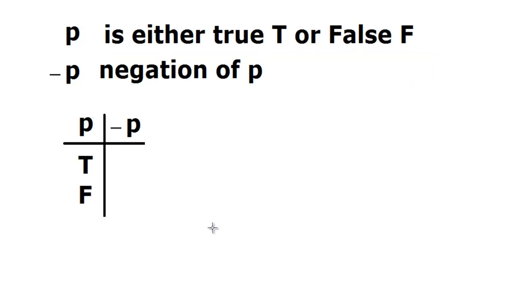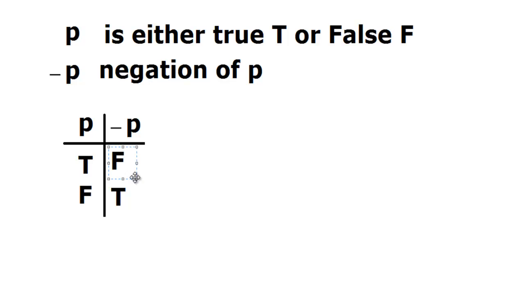This is the truth table, and here we have the first column for the values of P and the second for the corresponding values of negative P. So as we said before, if P is true, then the negation of P is false. Okay, and if P is false, the negation of P is true. All right, so that's how these correspond here.